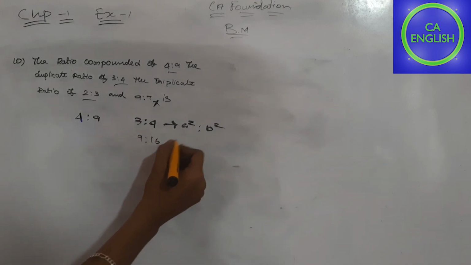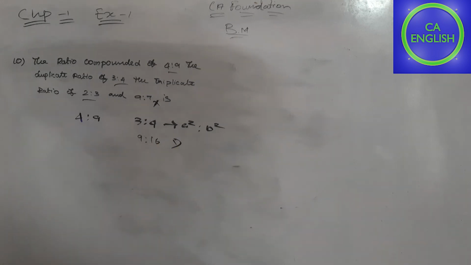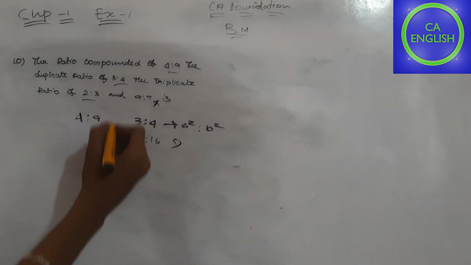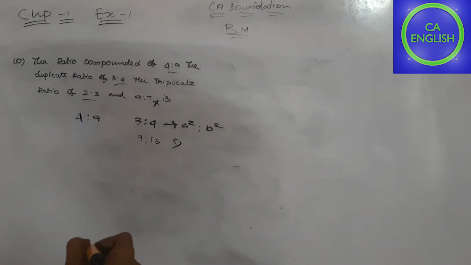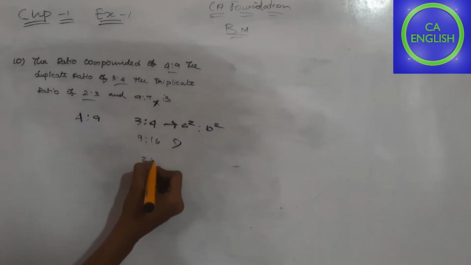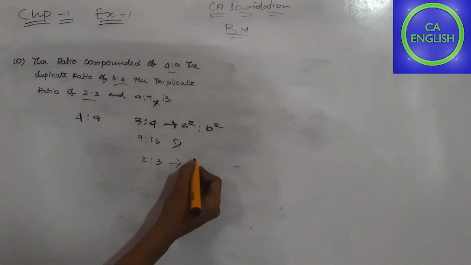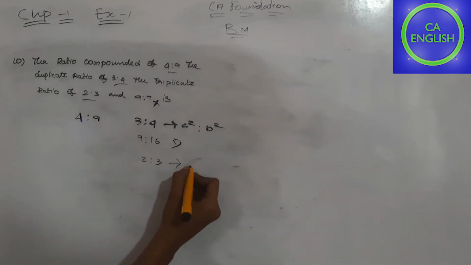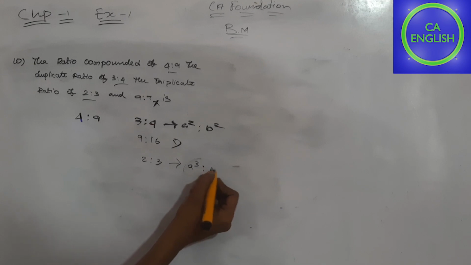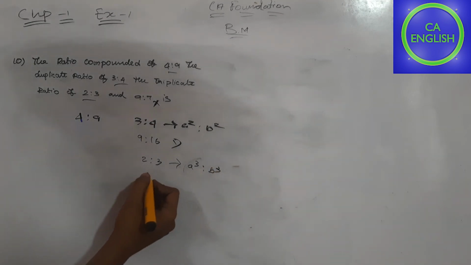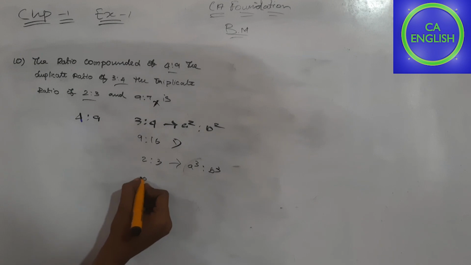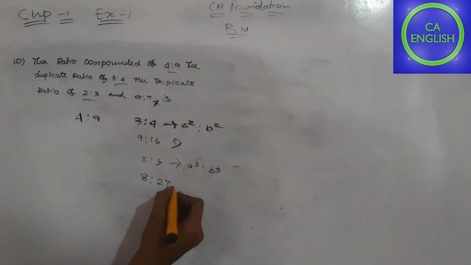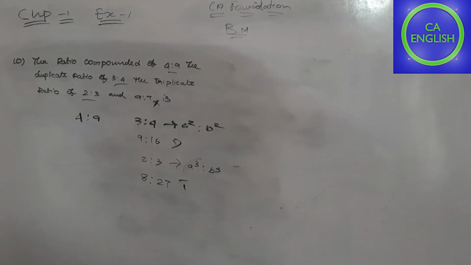Let's mark it as D. Then 2 is to 3 is the triplicate ratio. 2 is to 3 equals A cube is to B cube. That means 8 is to 27. Let's mark it as T. This is the duplicate ratio, this is the triplicate ratio.